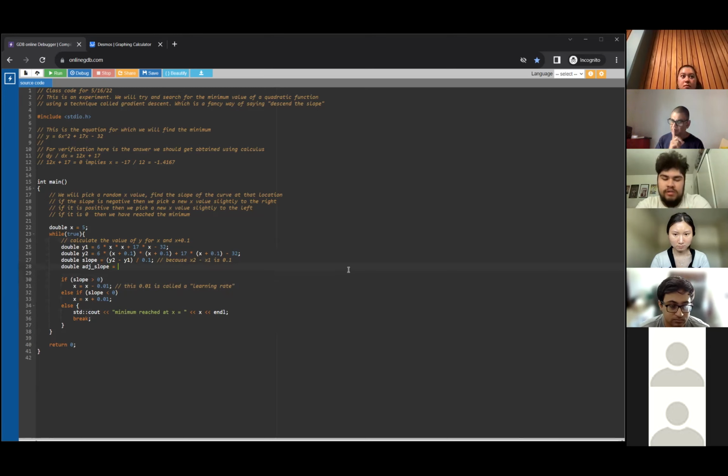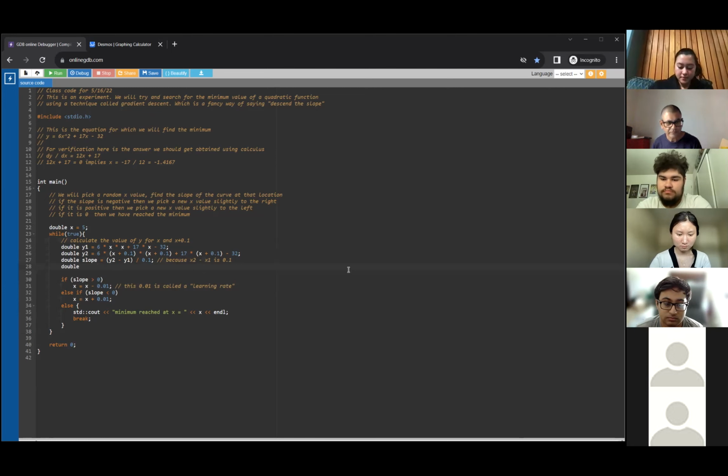You know what? Okay, I'm sorry. What we'll do is a double diff, right? Let's just say double diff. Double diff equals, two F's, yeah, equals slope and absolute value, ABS, slope minus 0.